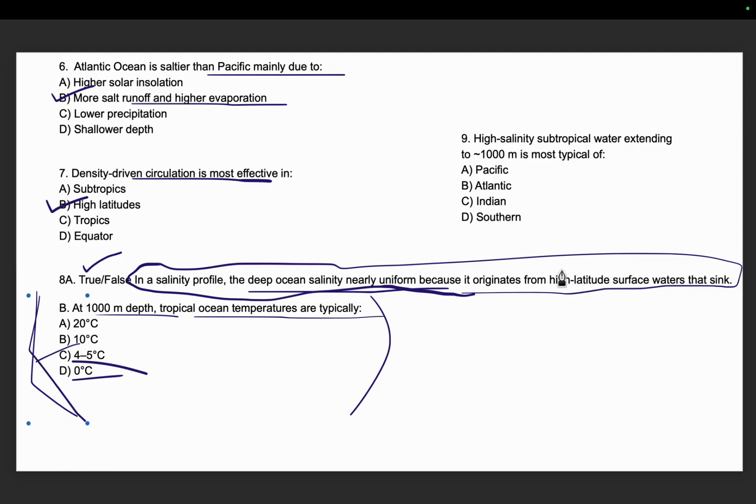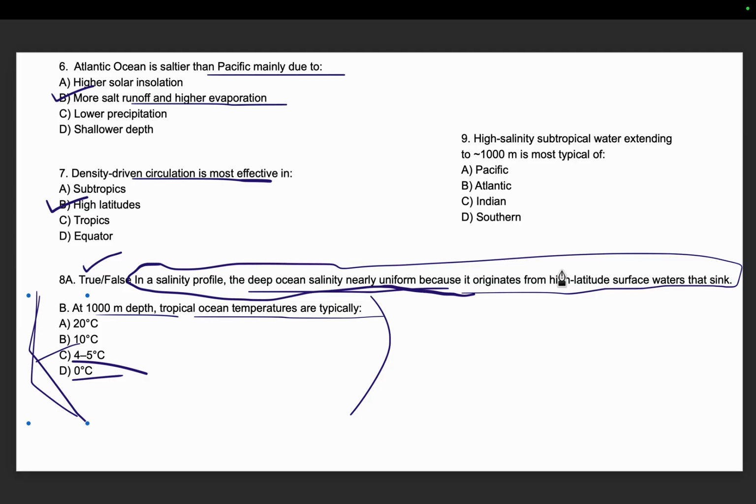Question 9. The high salinity in the subtropical water exceeding 1000 meter is most typical of which ocean? Pacific, Atlantic, Indian, or Southern. Atlantic.